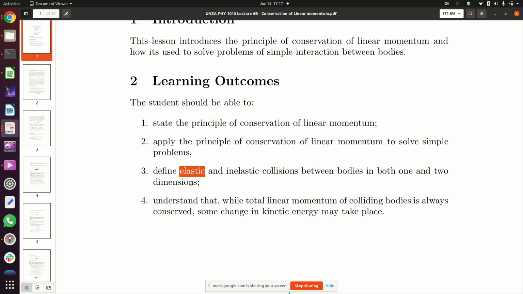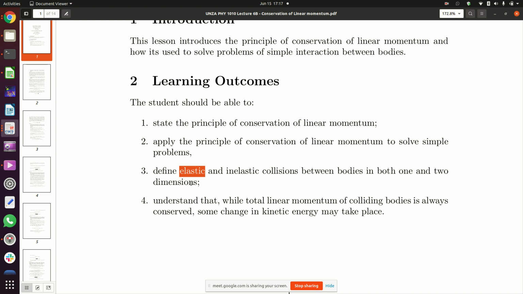So in these cases, you need to work out what the momentum of each object is before a particular event happens and what the momentum is just after that event. So you add the total momentum before the event. In this case, we're interested in collisions, and you also work out what the total momentum is just after the collision.